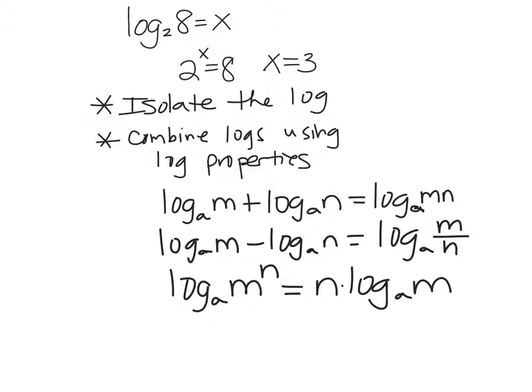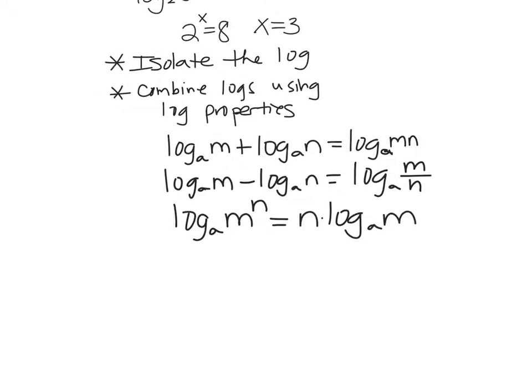So you're going to isolate the logs, combine the logs using your log properties, and then rewrite in exponential form. What makes this hard is that you're not really doing something to both sides, like square rooting both sides or logging both sides like yesterday. This is a little bit different.